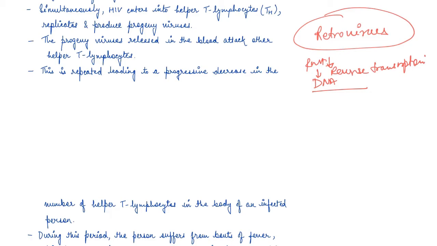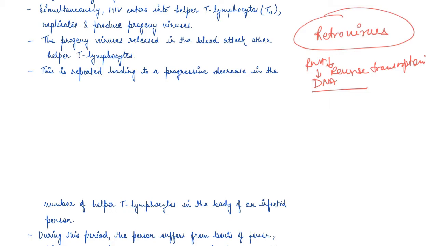Now these progeny viruses are released in the blood and they start attacking other T lymphocytes, right? Now this is repeated, leading to a progressive decrease in the number of helper T lymphocytes in the body.